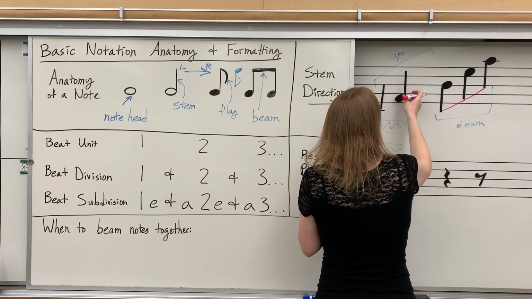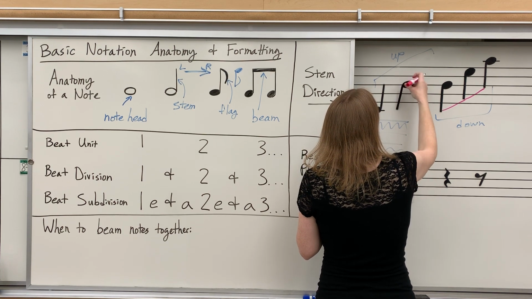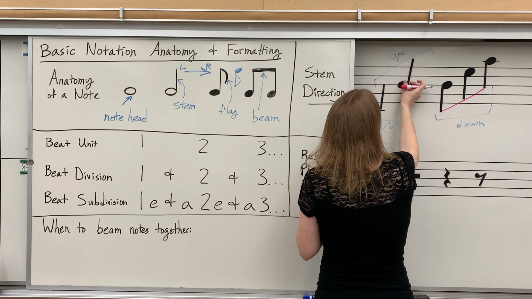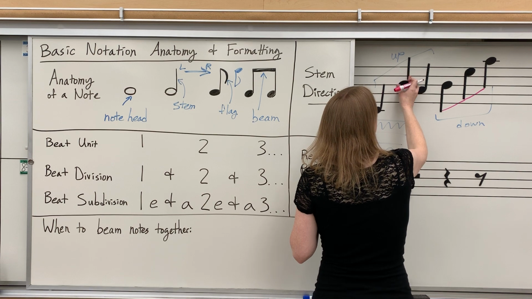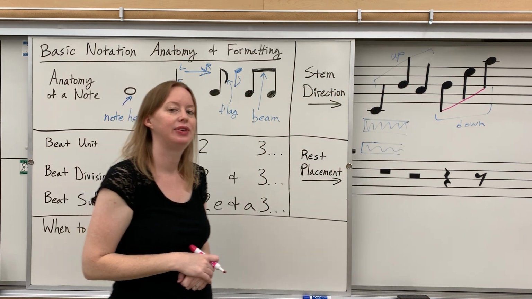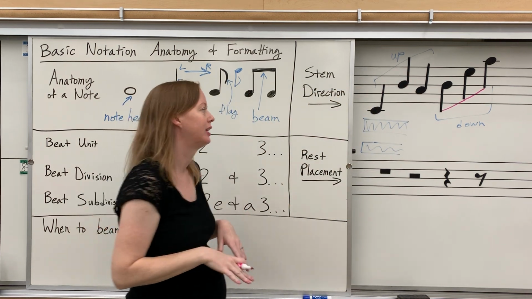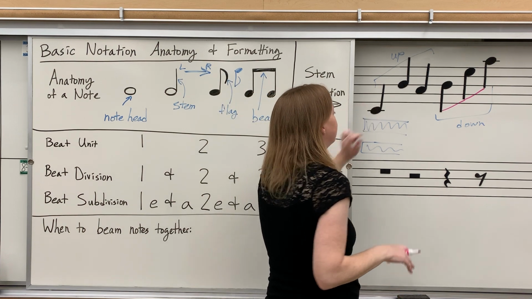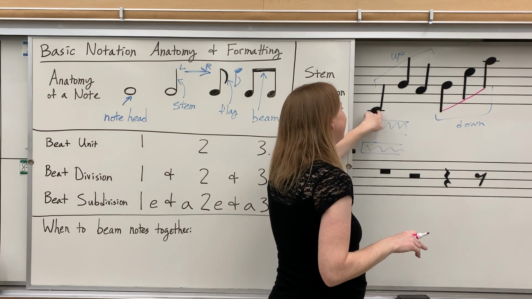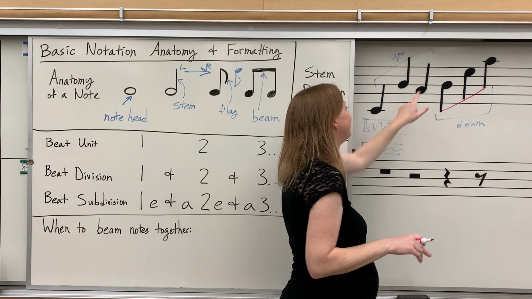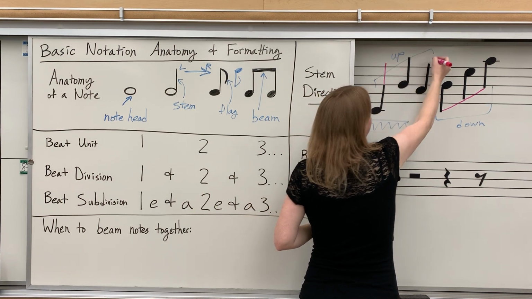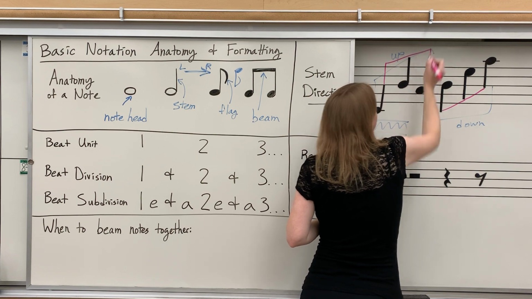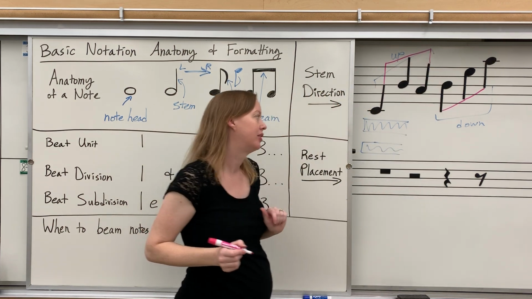Let's do this one is up here. This one is one down. Well, that's kind of confusing because now I don't know which one to choose. This one says I should do stem up. This one should do stem up. But this one is way up high. Well, all I'm going to do is extend these up here to create a beaming group that is level.